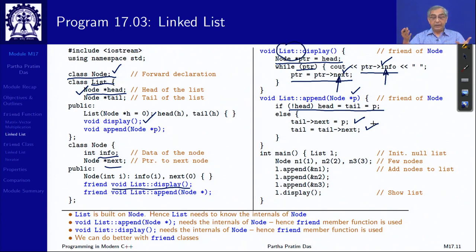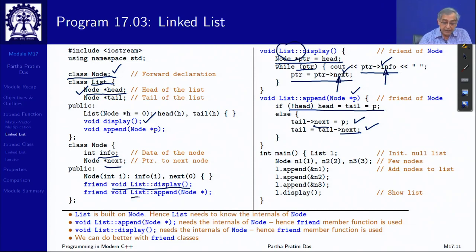You can say that this is not necessary, is it, or it is not? Why is it necessary? It is necessary because I need to manipulate the next pointer, which is a private data member of node. Without being a friend, I will not be able to allow that access. This will not compile.